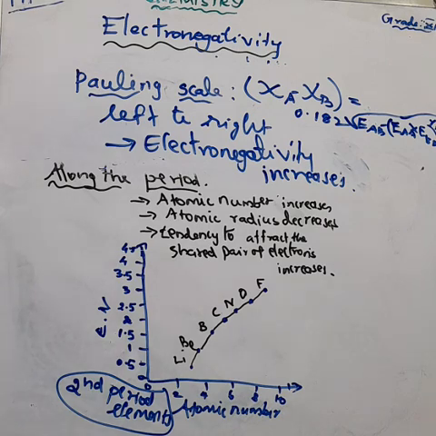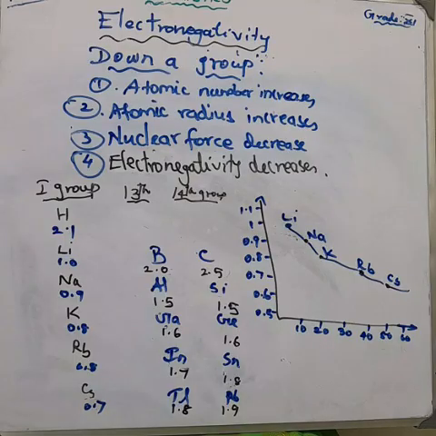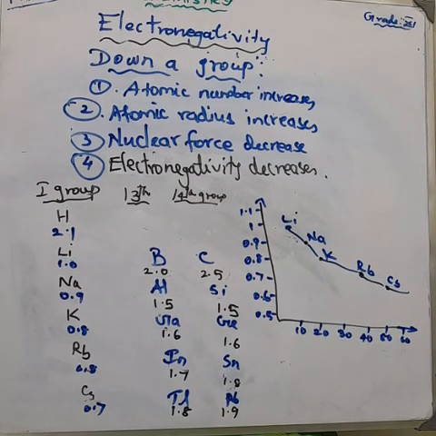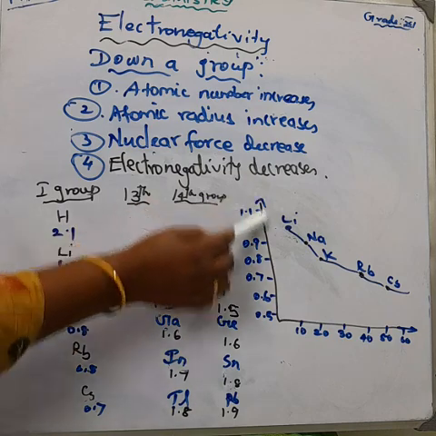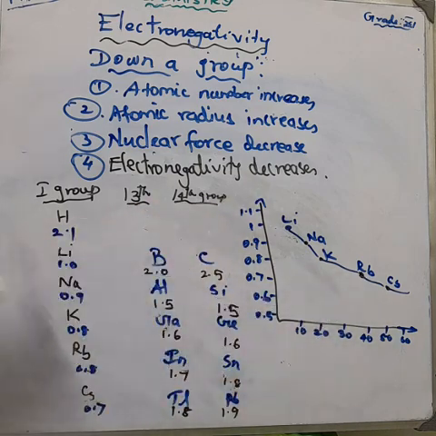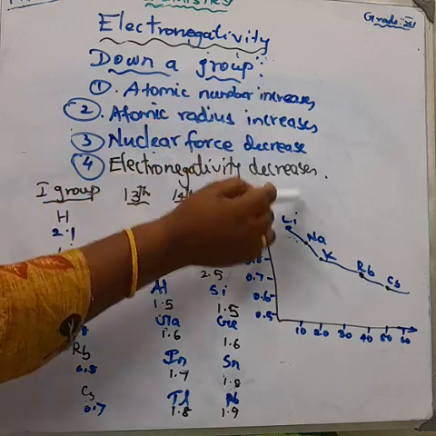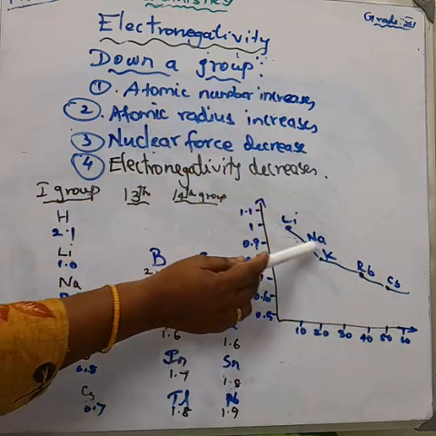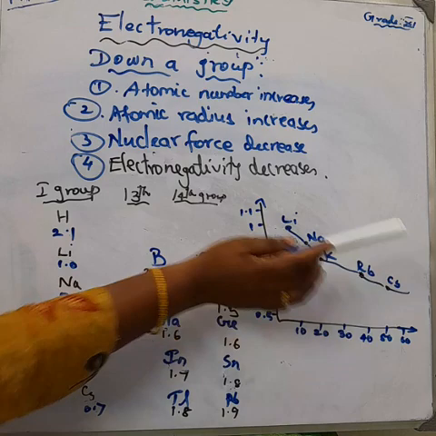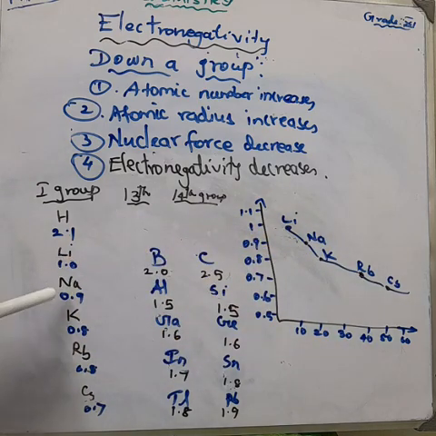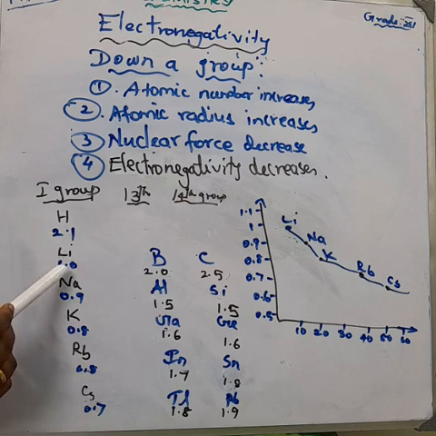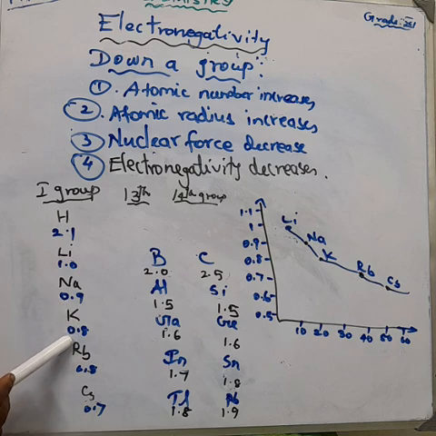And how does electronegativity vary in a group? This is the graph given for the variation of electronegativity along the first group: lithium, sodium, potassium, rubidium, cesium. Lithium is 1.0, sodium 0.9, potassium 0.8, rubidium 0.8 and cesium 0.8.